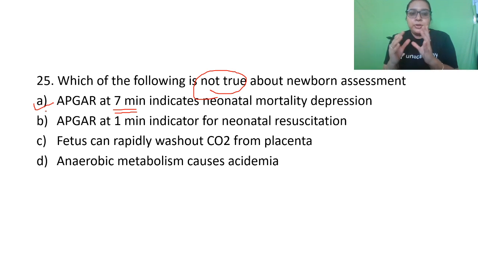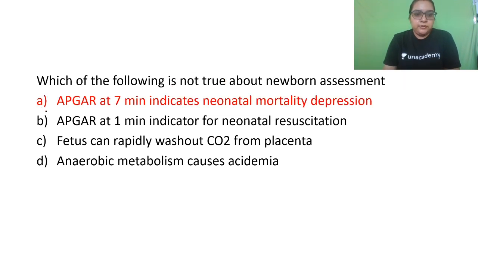So we are not supposed to wait 7 minutes to assess whether the child is neonatally depressed or has a high mortality. Okay, coming to the C and D options, both of them are absolutely correct. The fetus will rapidly wash out CO2 from the placenta, and anaerobic metabolism causes acidemia. Quite self-explanatory and a very simple question.